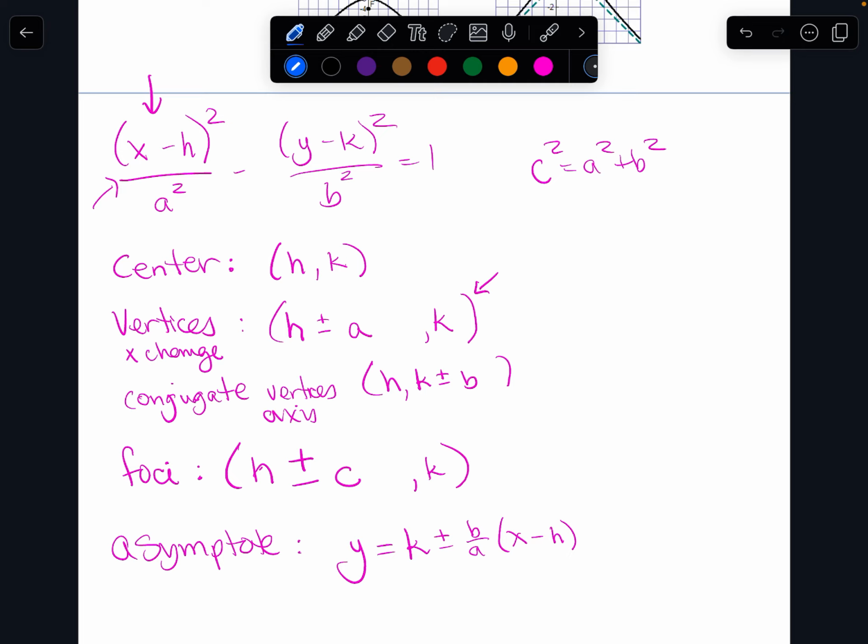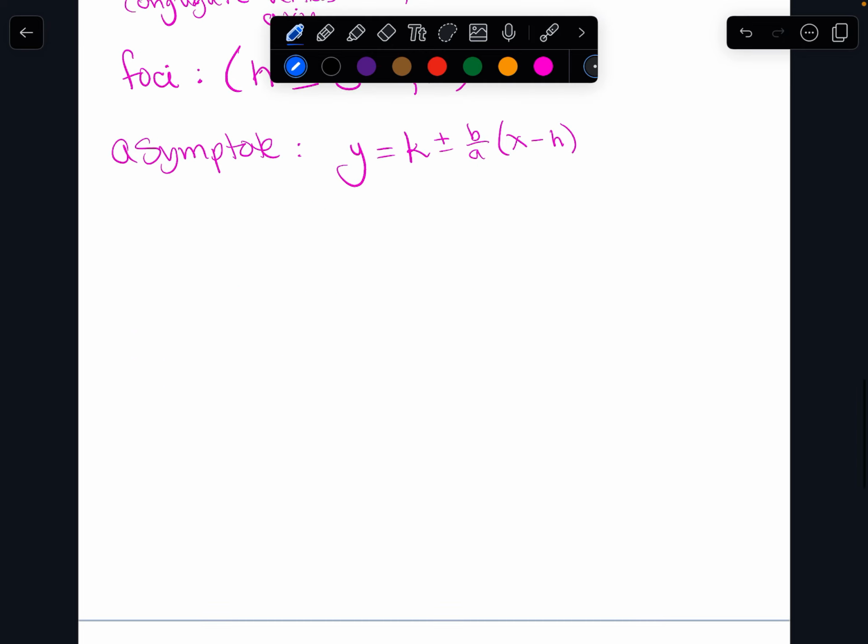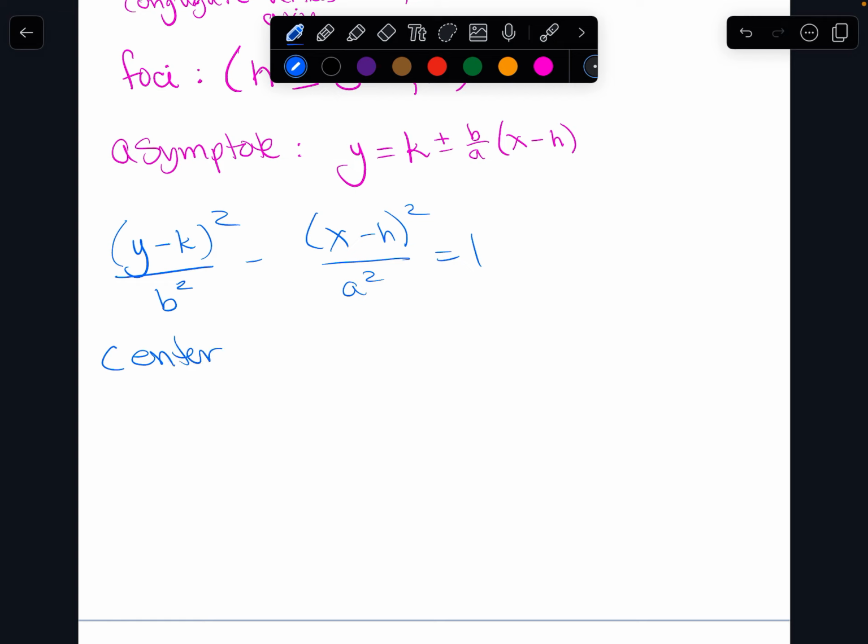So if the y comes first, so if on this you have (y minus k) all squared over b squared minus (x minus h) all squared over a squared equals 1. So your center is still going to be (h, k).